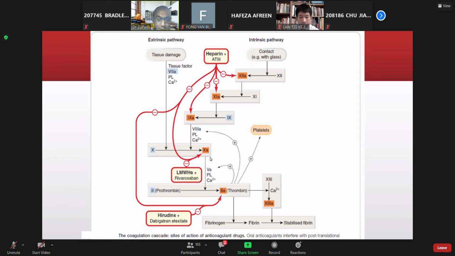Then factor 10A is needed to convert factor 2 into factor 2A, which is thrombin. Thrombin converts factor 13, which needs calcium ion, into factor 13A. Factor 13A is needed to stabilize the fibrin, whereas factor 2A, thrombin, is needed to convert fibrinogen to fibrin. So go back and read what the function of fibrin is, and why fibrin is important in the blood clot.